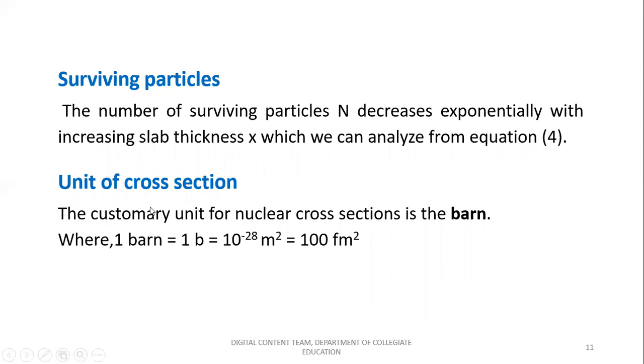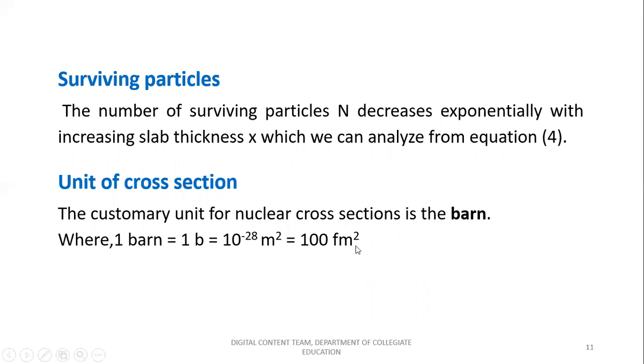With that, we'll consider the unit of cross section. The unit of nuclear cross section is popularly taken as the Barn. It is a famous unit which we use for nuclear cross section in all the problems or concepts related to nuclear cross section. One Barn is represented by b. So 1 b or 1 Barn equals 10 power minus 28 meter square, which is also equal to 100 Fermi meter square.